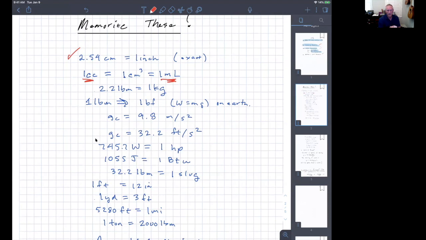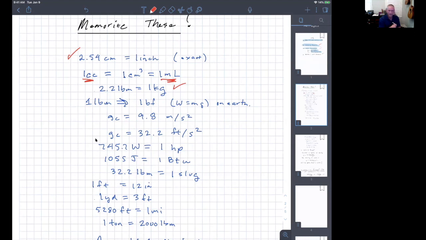Okay, and that gives me a connection between the length dimension and the liquid volume. Well, not always liquid, but the volume dimension in liters. Okay, so I know that one. And then this one is not exact, all right, but it's the rule of thumb that I remember, 2.2 pounds and 1 kilogram. I have that one in my head.